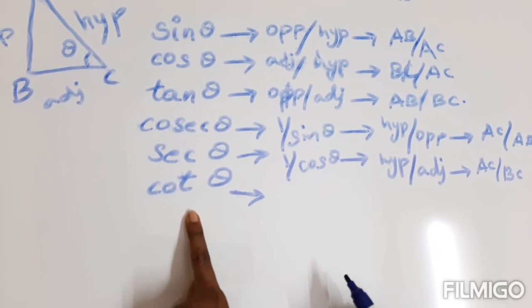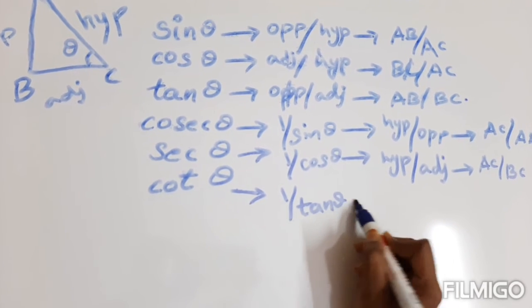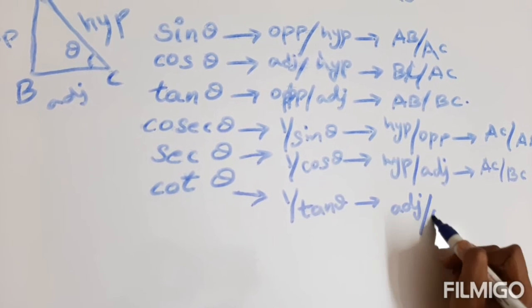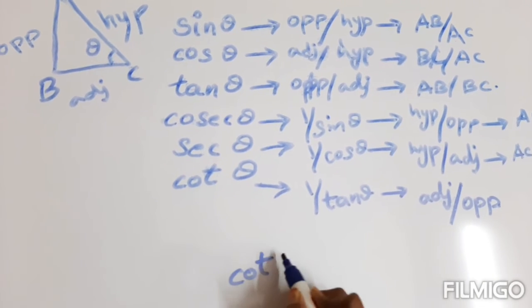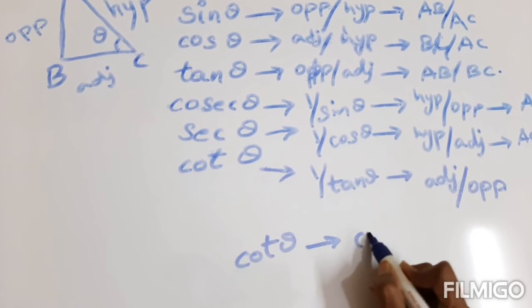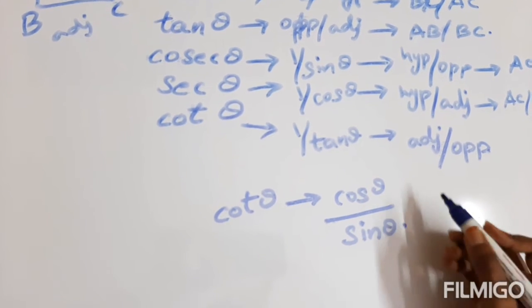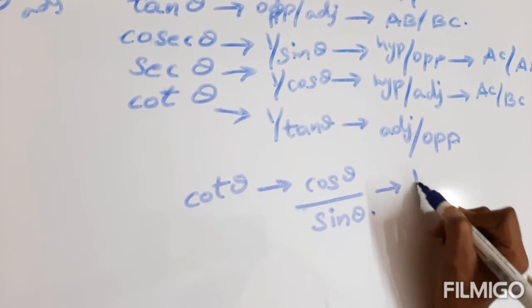And the cot theta is the reciprocal of tan theta, which is adjacent over opposite. This cot theta can also be written as cos theta by sin theta, because cos theta by sin theta gives the reciprocal of tan theta.